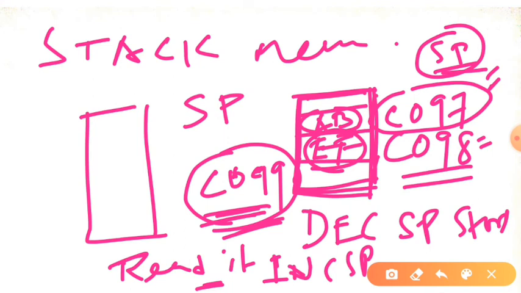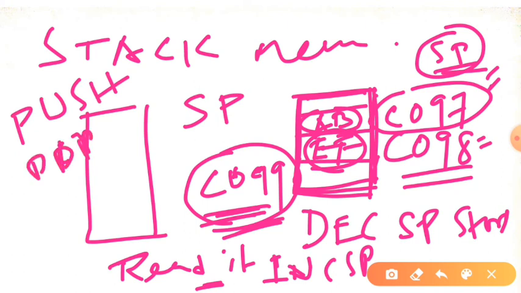These processes have particular names: storing something in the stack memory is called the push operation, and retrieving something from the stack memory is called the pop operation. We have separate instructions, push and pop, in the microprocessor 8085's instruction set to read or write the stack memory, which we will go through later.